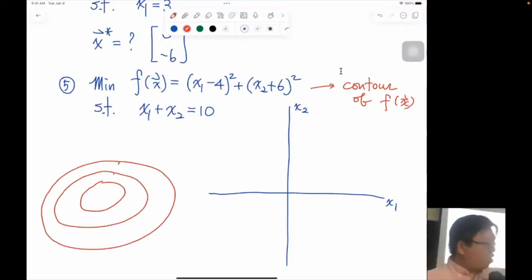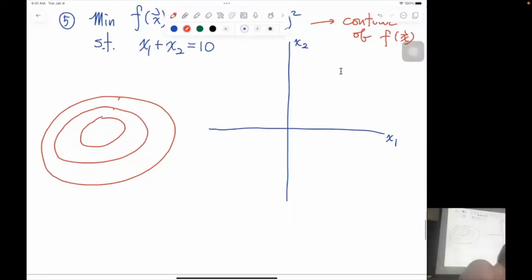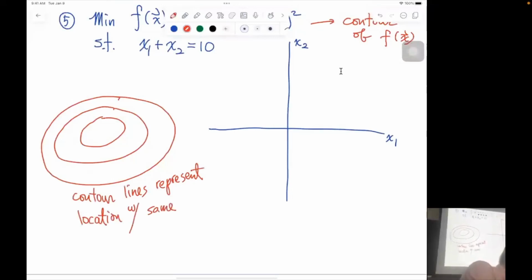Contour lines represent locations with the same height or same value.